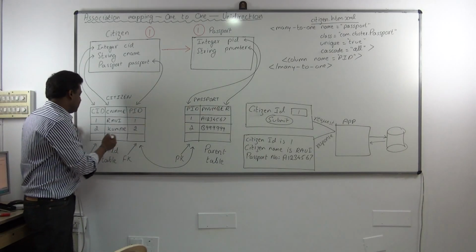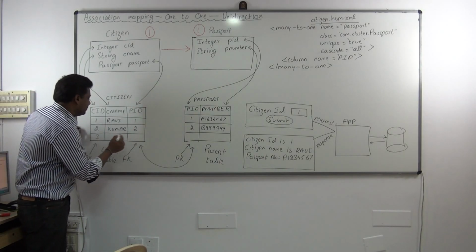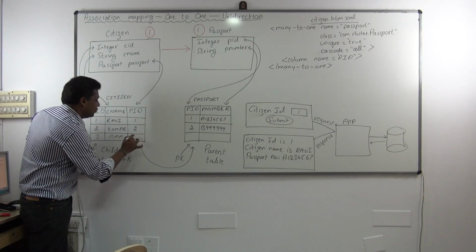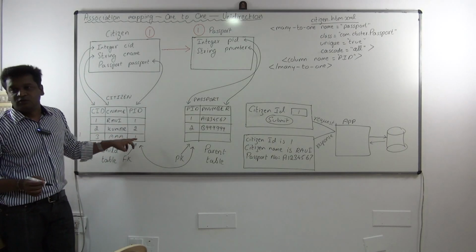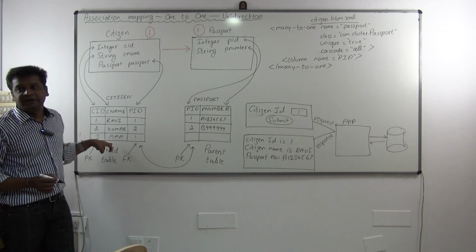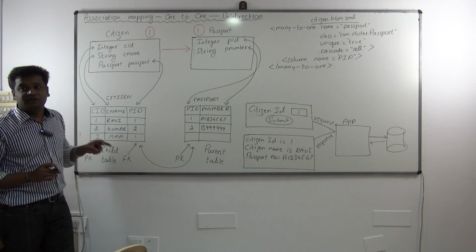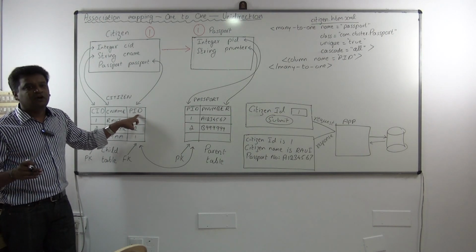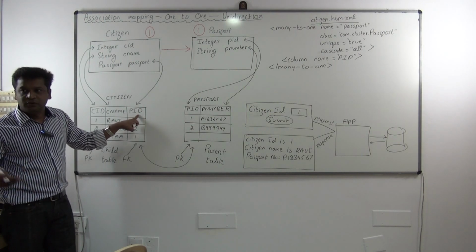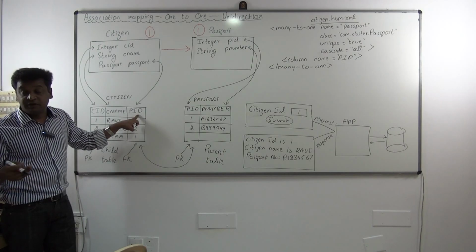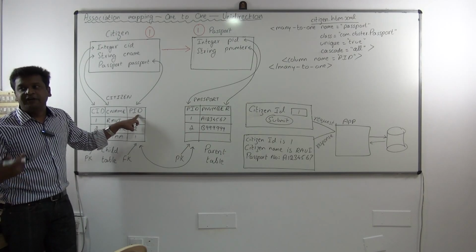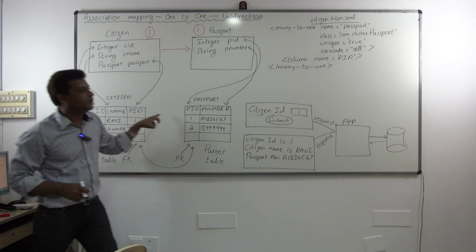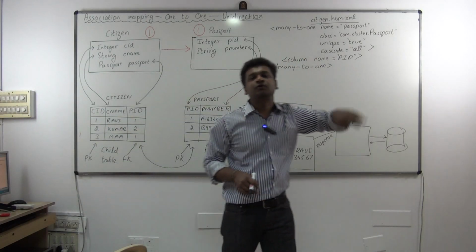Because by chance, if I add a duplicate value 3 with some other name, for example AAA, 1 is a duplicate value. Passport number 1 belongs to A. So I don't want that to happen. That's why I am making this column unique. A foreign key column can always store duplicate values, but we are restricting duplicate values from being added into the foreign key column. That is the reason we are saying unique is equal to true.